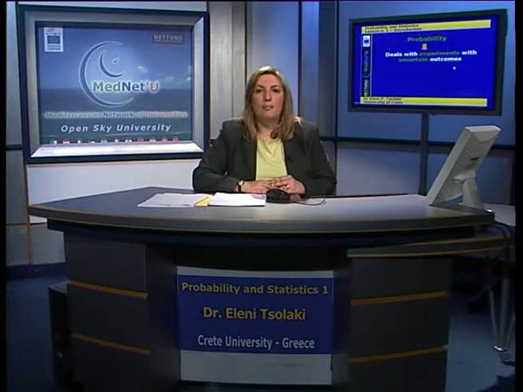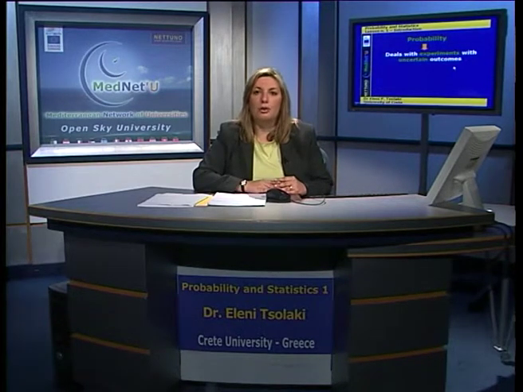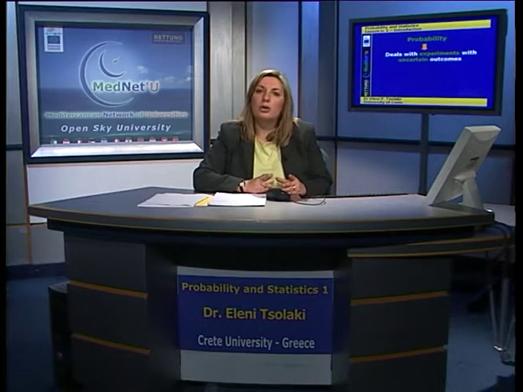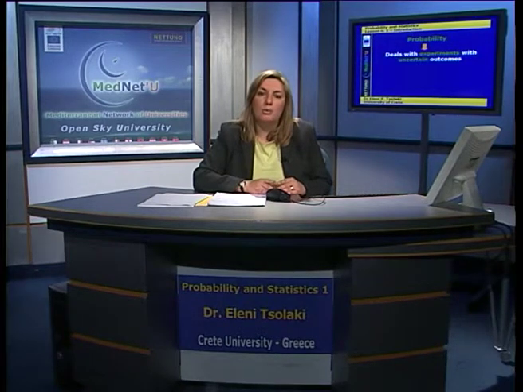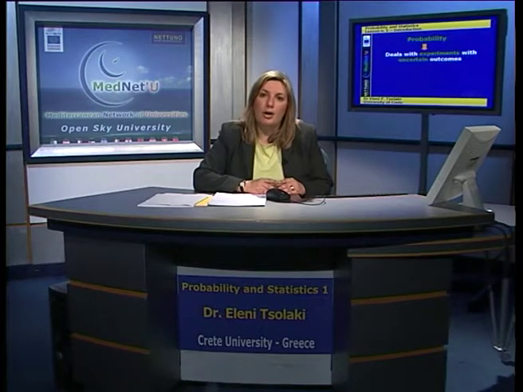Let's think about some examples. First of all, let's assume that we toss a coin. Now, when tossing a coin, we don't know what we are going to get before we observe the outcome. We don't know if it's going to be a head or a tail.